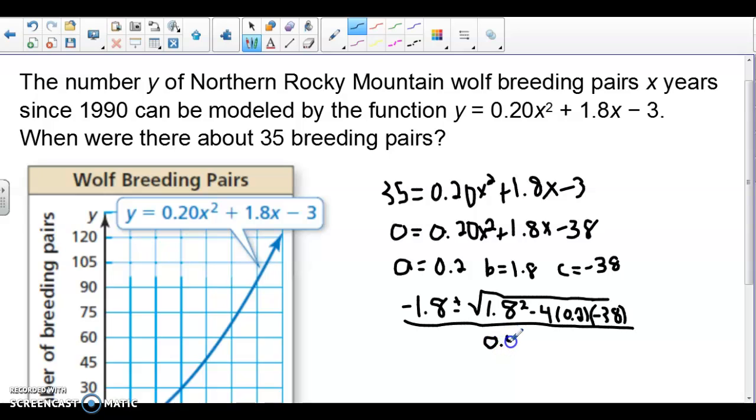I jumped the gun a little bit on that one. All right, so that is the quadratic formula all set up.